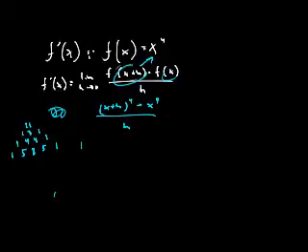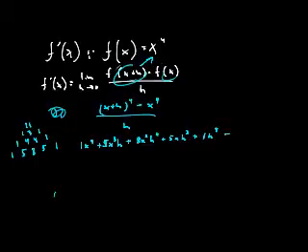So this is going to be 1x to the fourth plus 1x to the third h, excuse me, not 1, that should be 5, plus 8x squared h to the second plus 5x h to the third plus 1 h to the fourth minus x to the fourth, that whole big ugly thing over h.